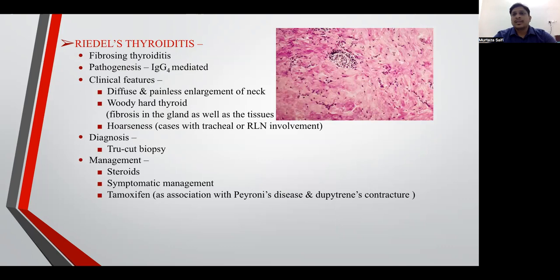Now, next is Riedel's thyroiditis. It is a fibrosing thyroiditis. Pathogenesis is IgG4 mediated. The clinical features: there is diffuse and painless enlargement of the neck.